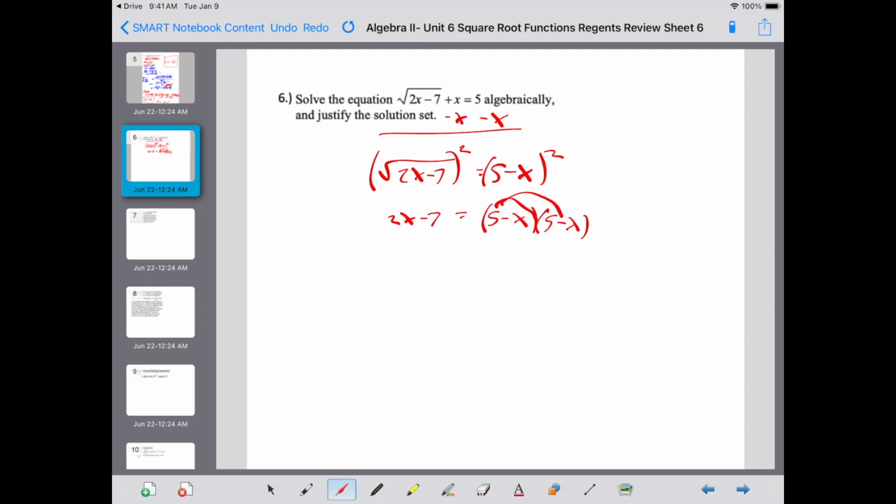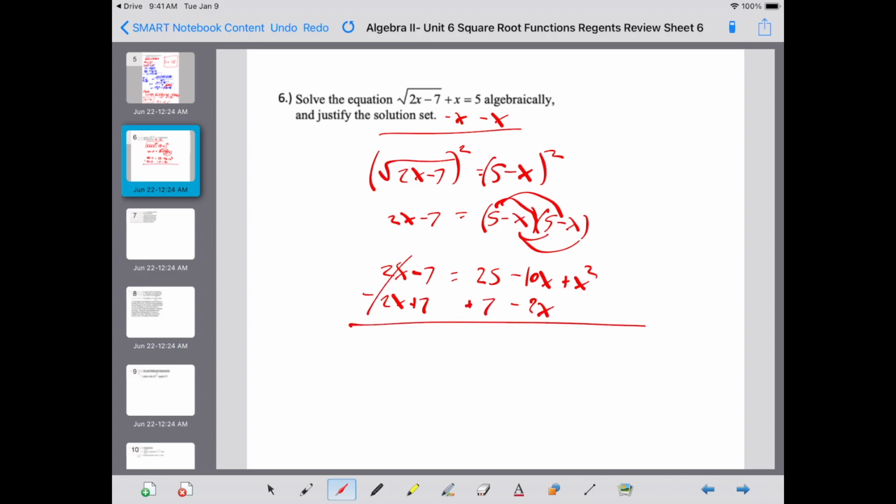Distribute. Get this to equal 0. 25 plus 7 is 32. Negative 12x plus x squared. Probably.